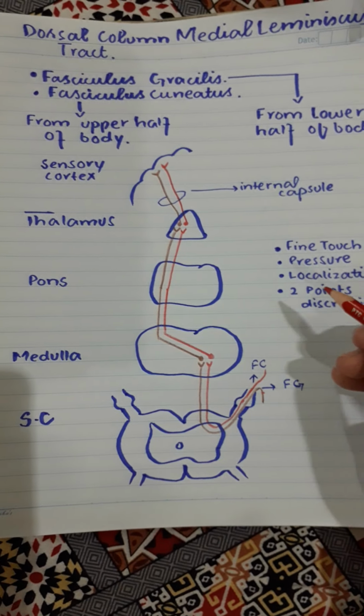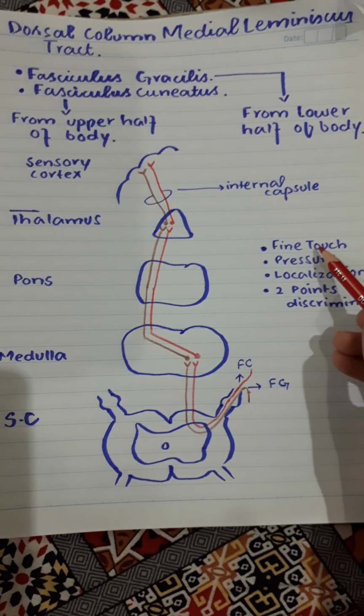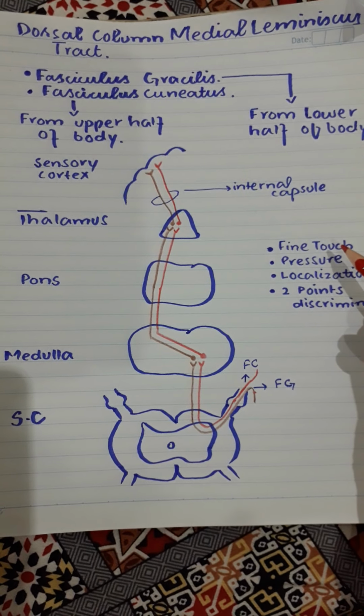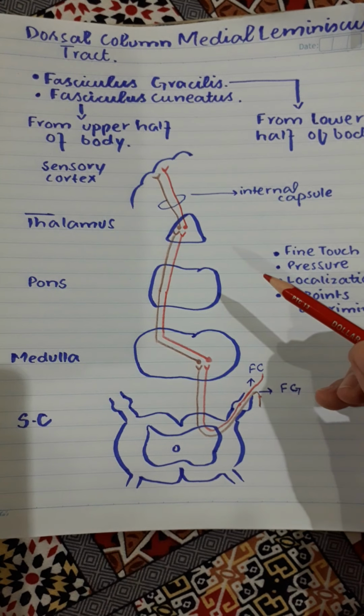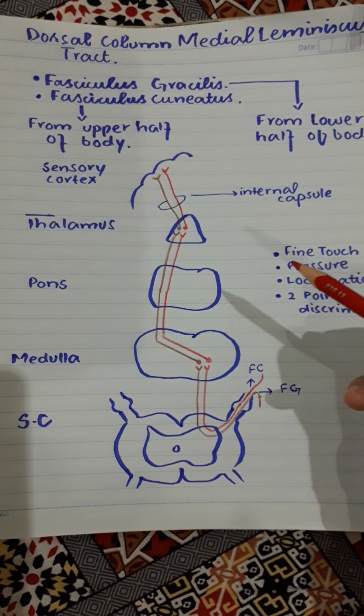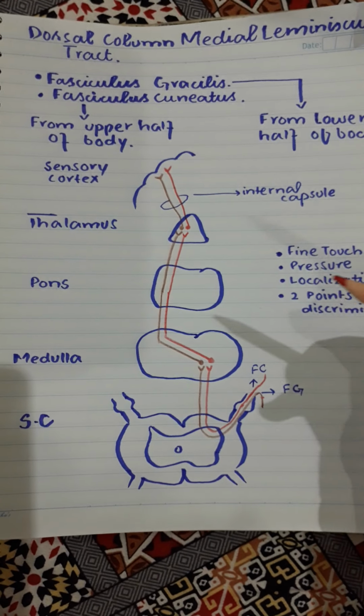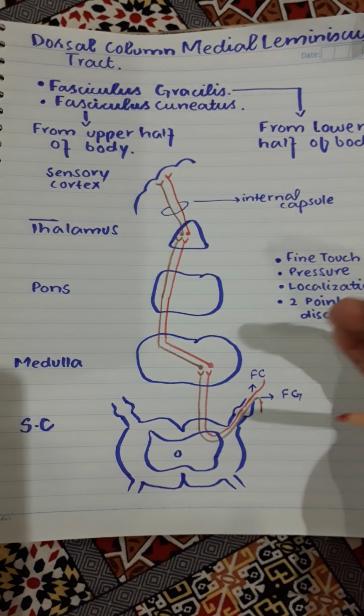The dorsal column tract basically carries the following sensations, including fine touch. Fine touch means a person can clearly tell that the fourth finger of the right hand is touched by something.